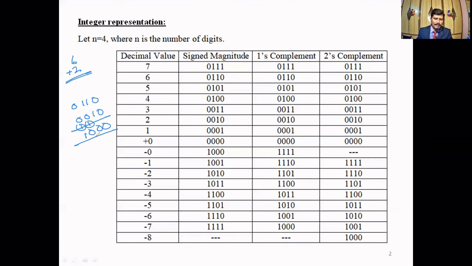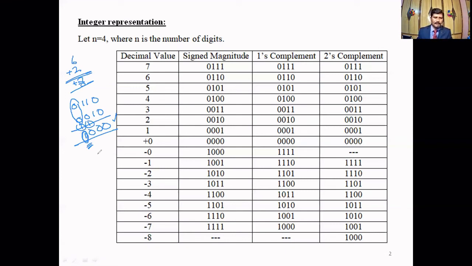So what is the meaning of this? What does this MSB 1 indicate? It is a negative number, but actually it is positive 8 we need to get. So this is a negative number. That means when you add two positive numbers, suddenly a negative number came here. At that time we can say that it is overflow.